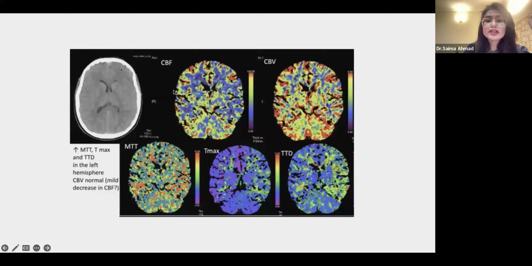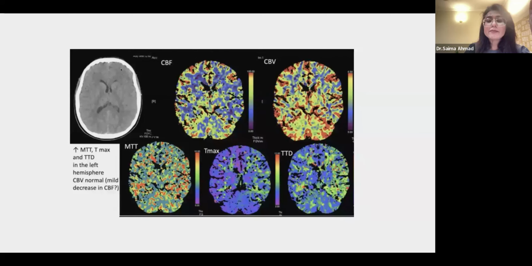When the perfusion imaging was done, you can see that the cerebral blood flow is mildly decreased, and cerebral blood volume appears to be normal, and there is an increase in the MTT, Tmax, and TTD. The whole left MCA territory appears to be hypoperfused, and we were thinking to thrombolyse the patient at the time.